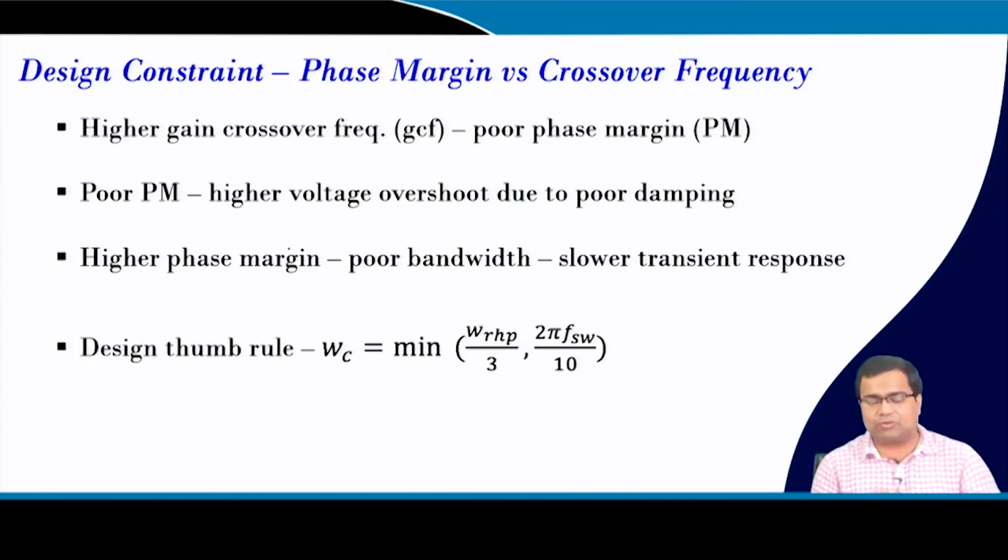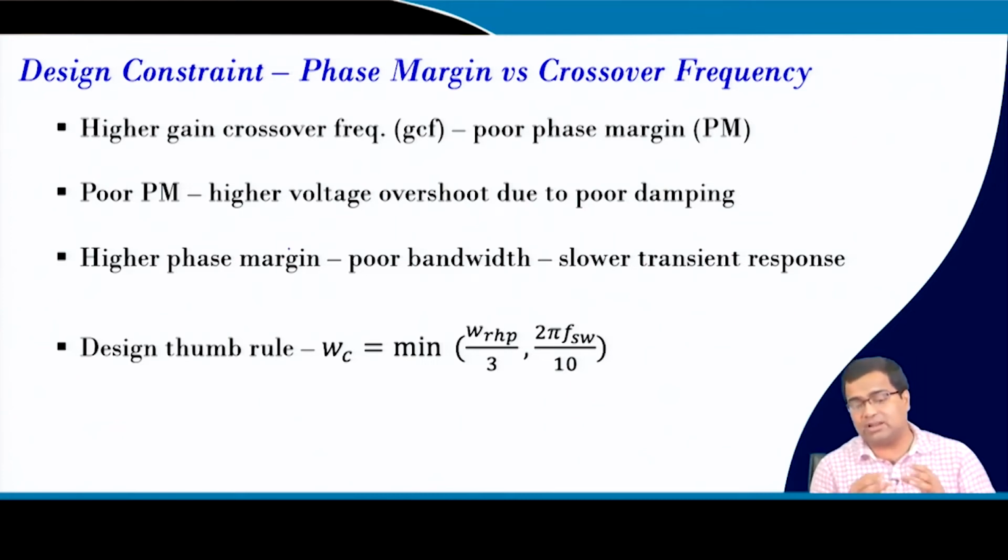The design thumb rule is that generally the crossover frequency is set to the minimum of 1/3 of the RHP zero frequency and 1/10 of the switching frequency. It is 2 pi fsw by 10, that means 1/10, since I am talking in radians.